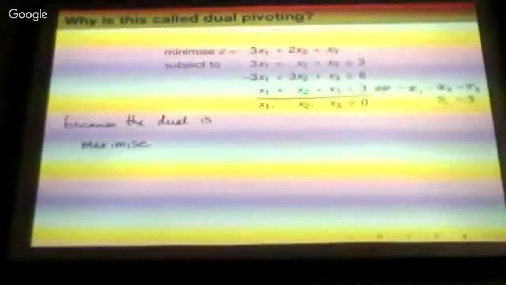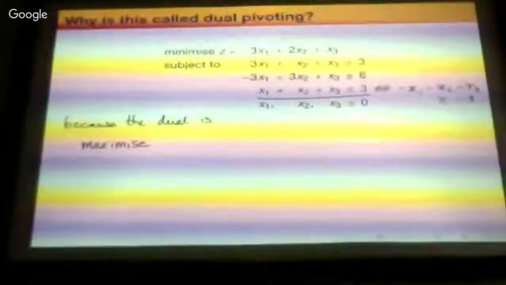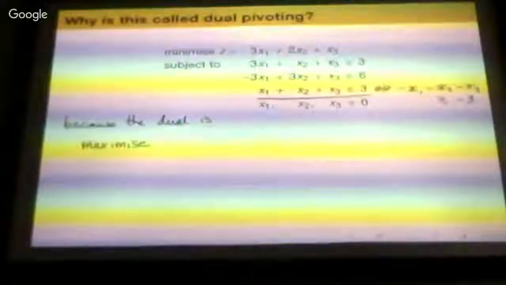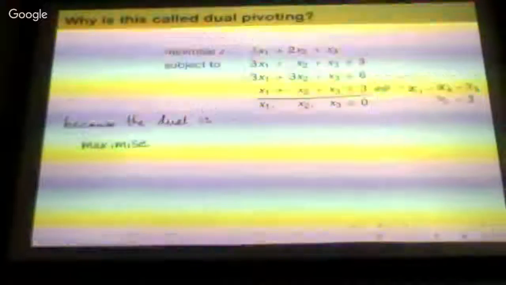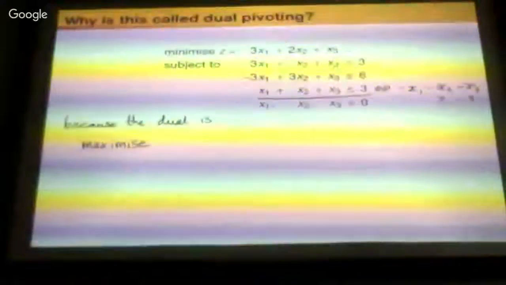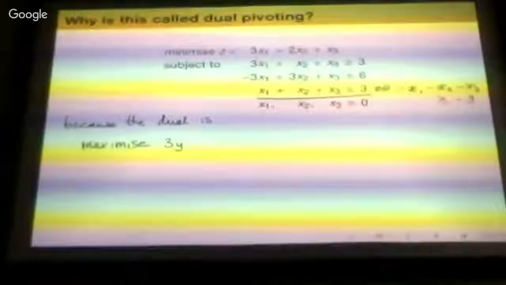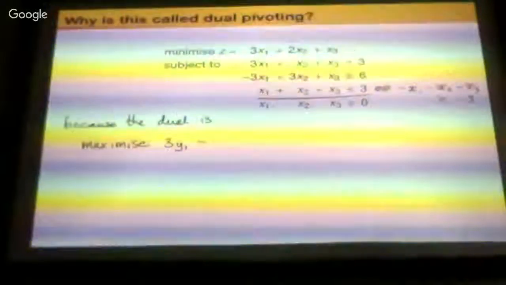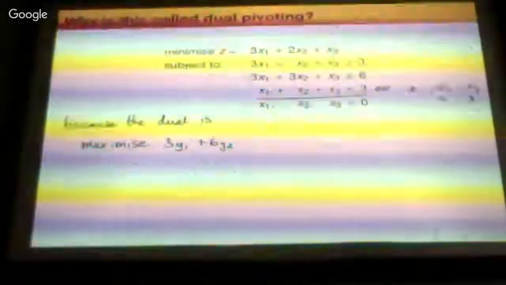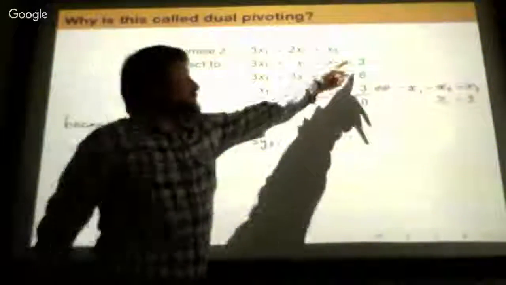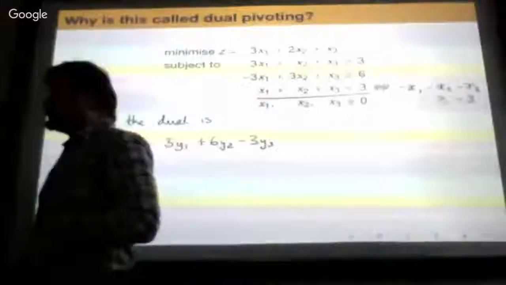Yes, that is going in the right direction. But we typically use y's for the decision variables, and we're taking the 3, 6, and -3 as coefficients. So maximize 3y1 plus 6y2 minus 3y3, coming from 3, 6, and -3.